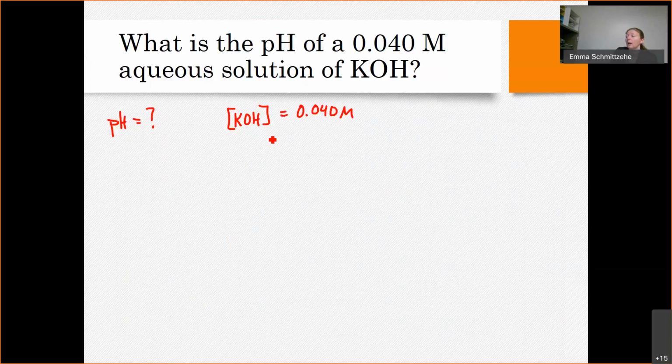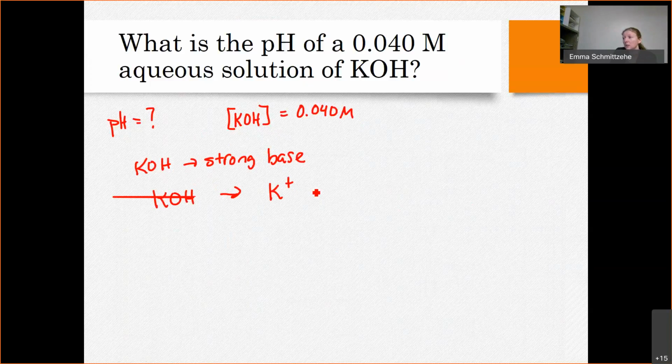Okay, and let's see. For this, you really need to realize that KOH is a strong base. That you have to know. So you have to know that when I put KOH in solution, really what I get is K+ and OH-. There is no KOH anymore.